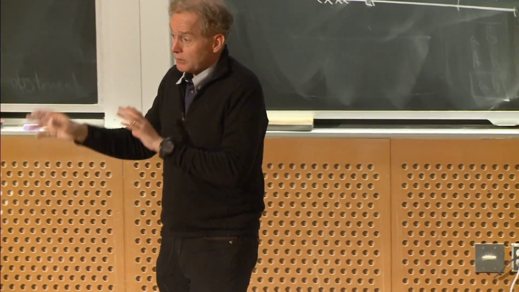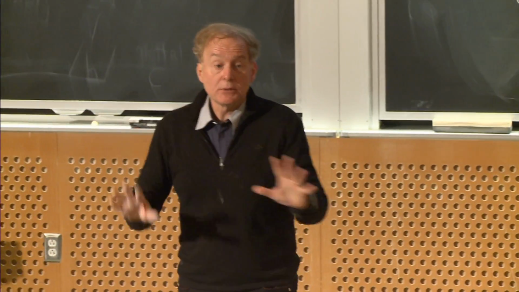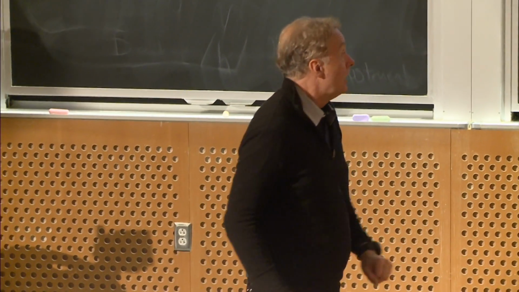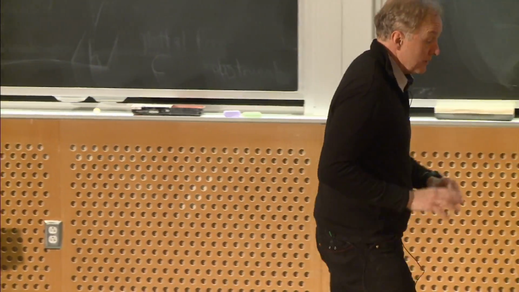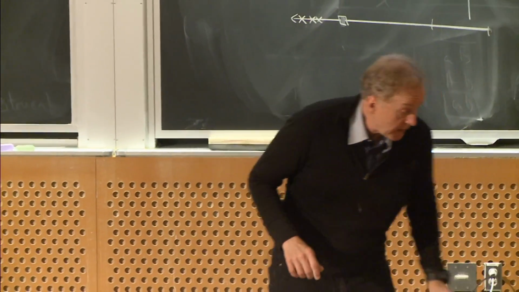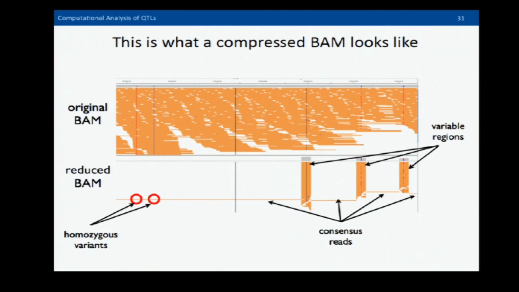Nonetheless, whether or not you do exome sequencing or you do sequencing of the entire genome, you have a lot of reads. And so the reads that you care about are the reads that are different from reference. And so you can reduce the representation of the BAM file simply by throwing all the reads on the floor that don't matter, right?